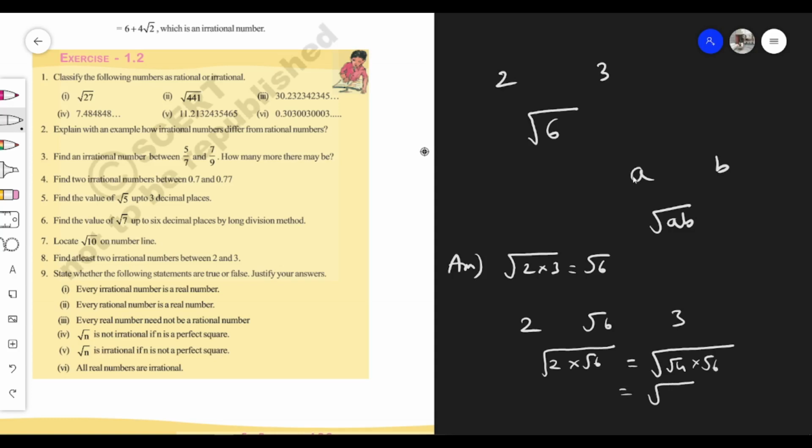So square root, big square root, and under that a small square root of 24. So this is another irrational number between 2 and 3. Along with 2 and 3 we have in between root 6 and square root of 24. So for convenience we express in this manner.